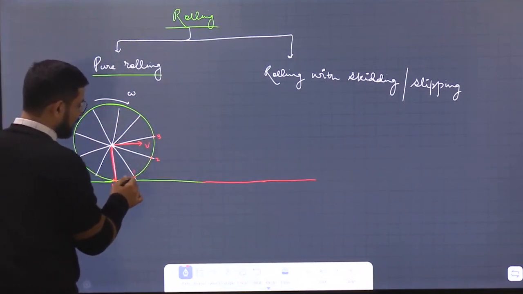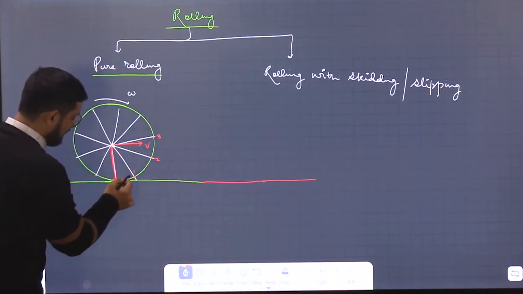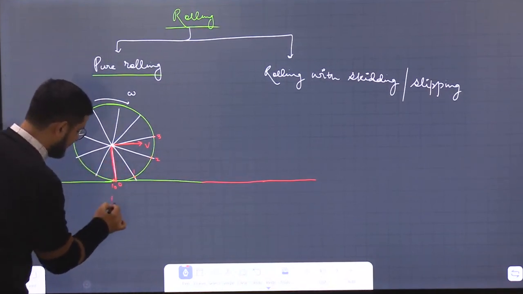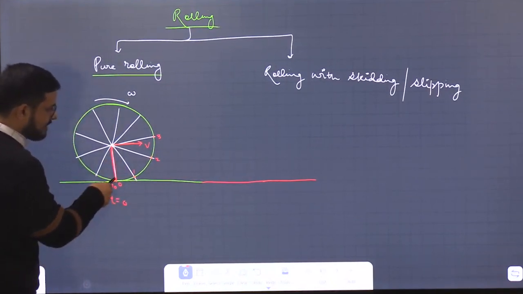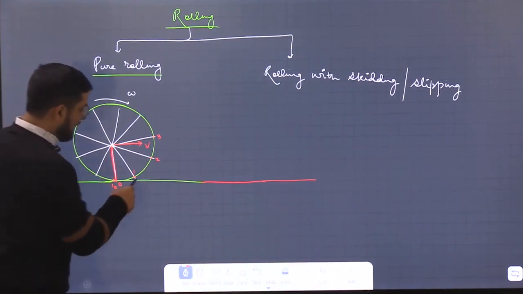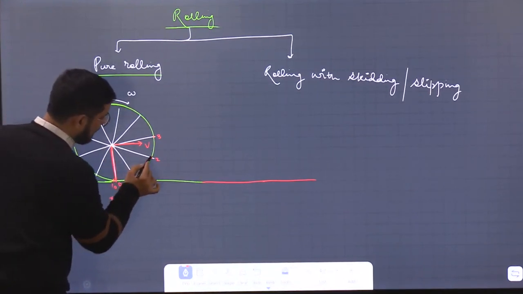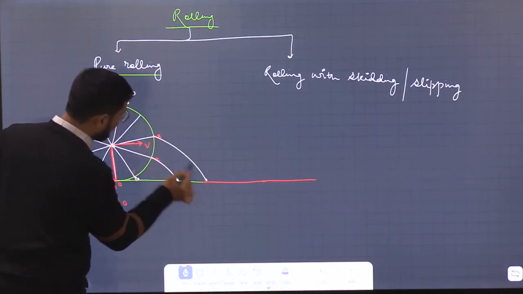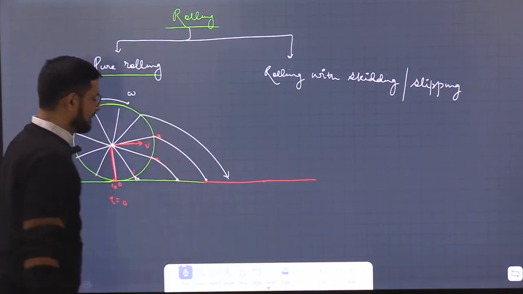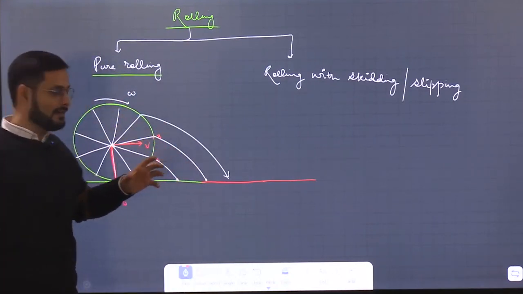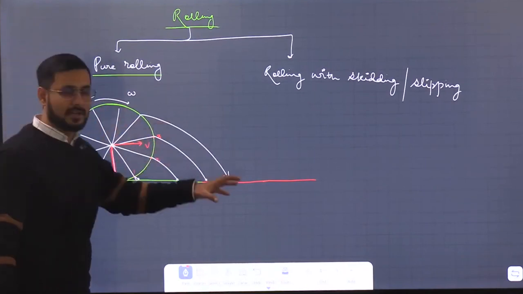Now, in the course of its rolling on the ground, at t equals 0, point number 0 is touching the ground. After some time, point number 1 will fall on the ground, then point number 2, point number 3, point number 4, and so on. One after the other, these points will touch the ground.